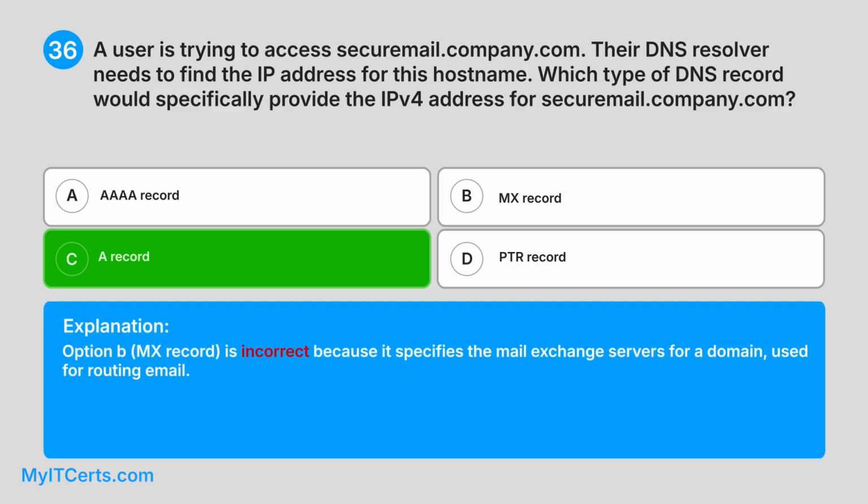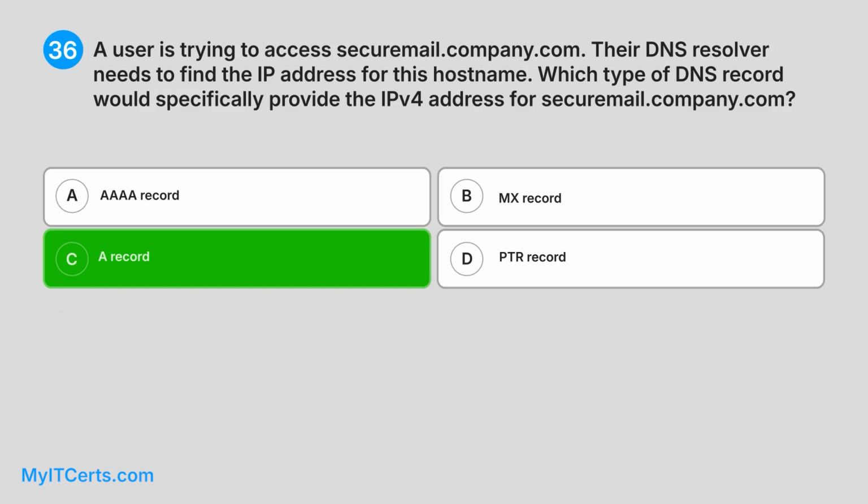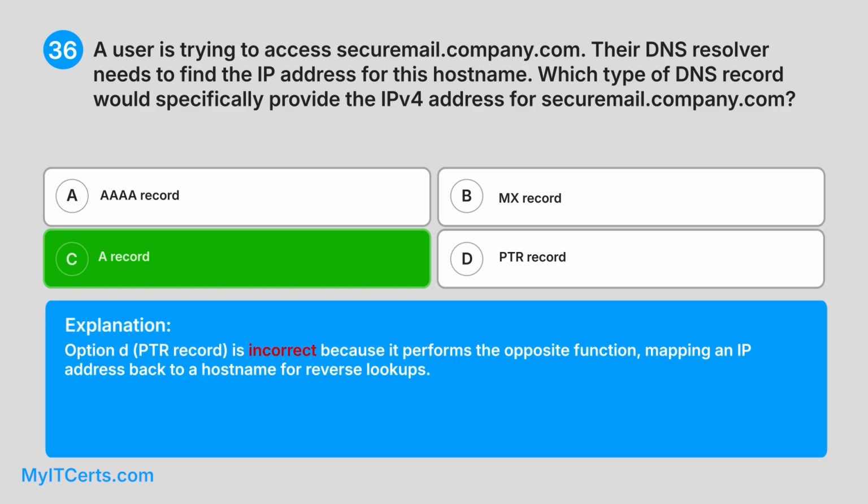Option B, MX record, is incorrect because it specifies the mail exchange servers for a domain, used for routing email. Option D, PTR record, is incorrect because it performs the opposite function, mapping an IP address back to a hostname for reverse lookups.